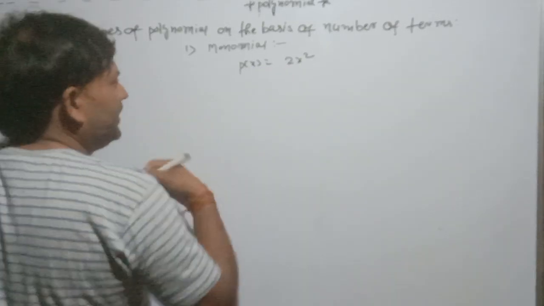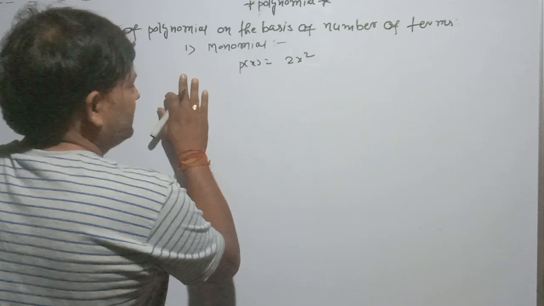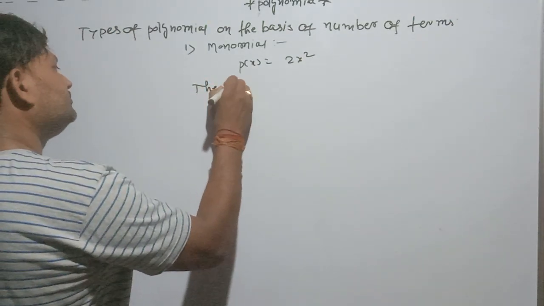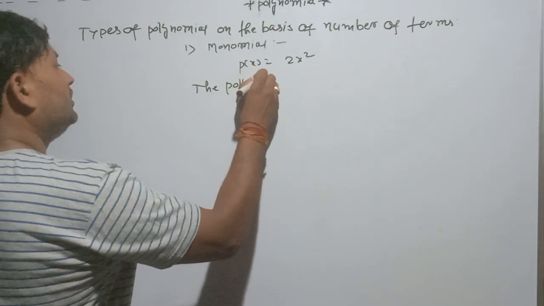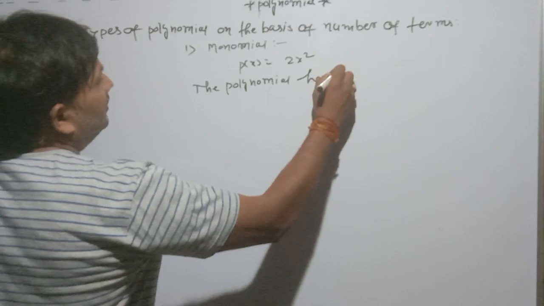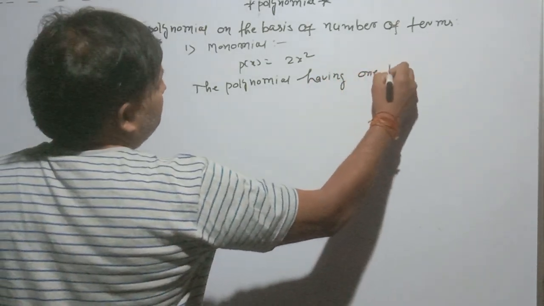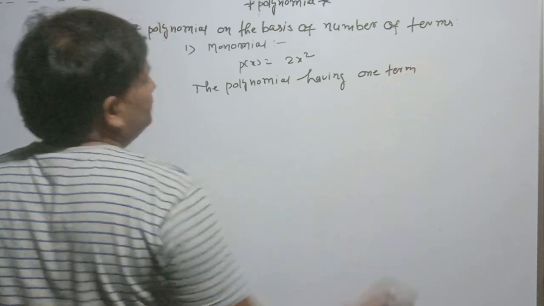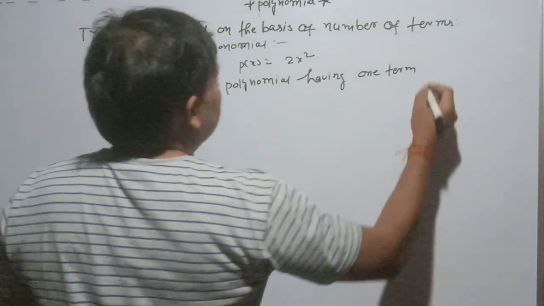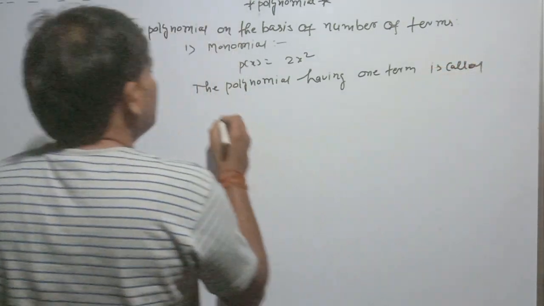Like me, I'm going to define: a polynomial having one term is called a monomial.